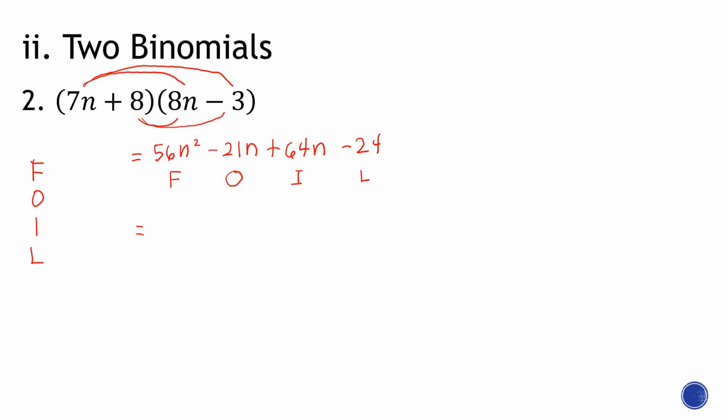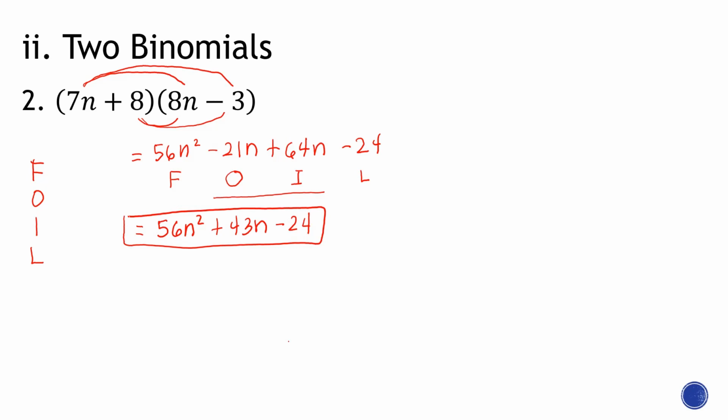We need to combine the terms that are similar, and here they are negative 21n and plus 64n. So the answer is 56n squared, negative 21 plus 64 is plus 43n, right? 43n minus 24. So that is the result.